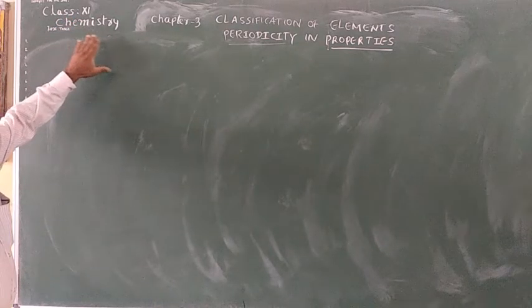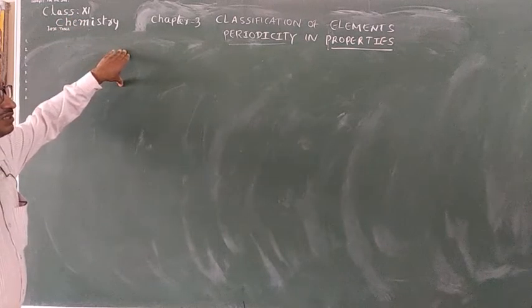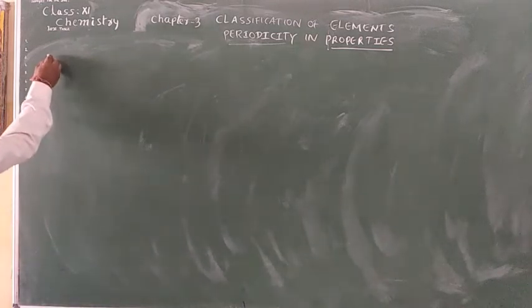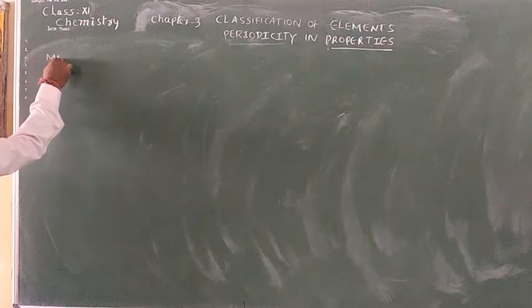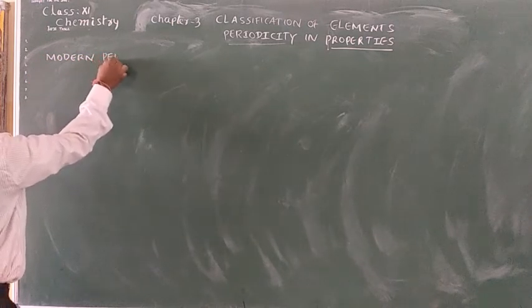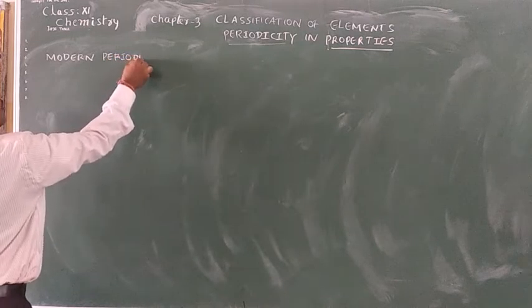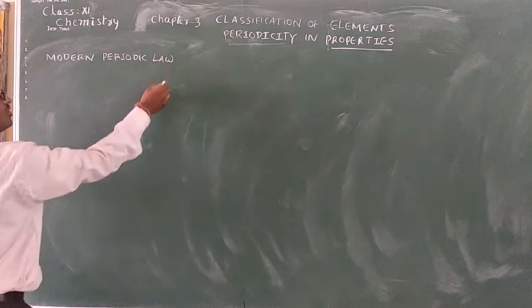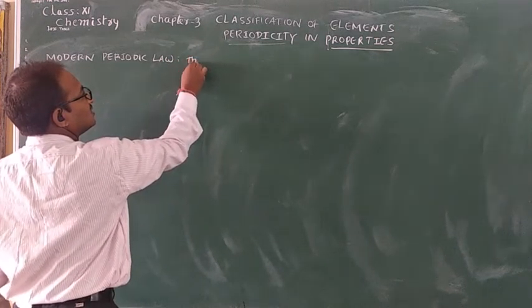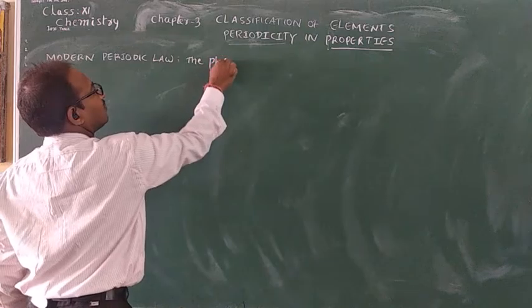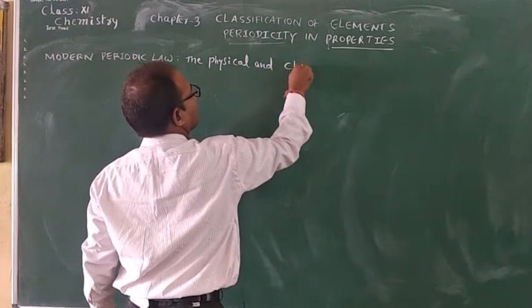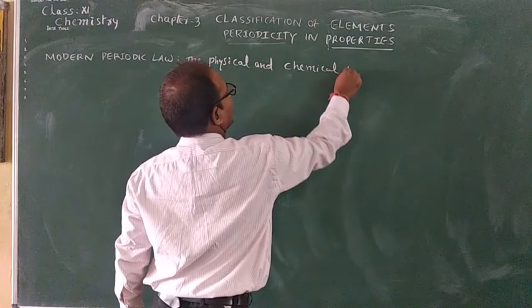In this chapter, how the elements are classified is based on the modern periodic law.